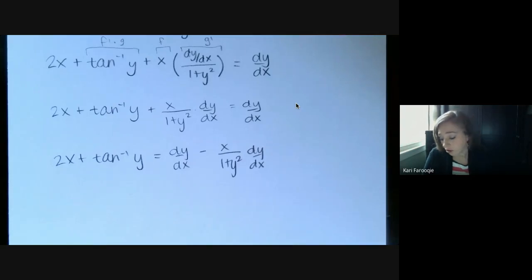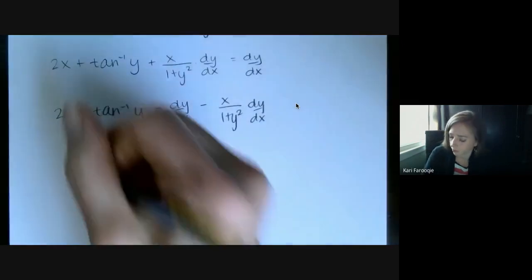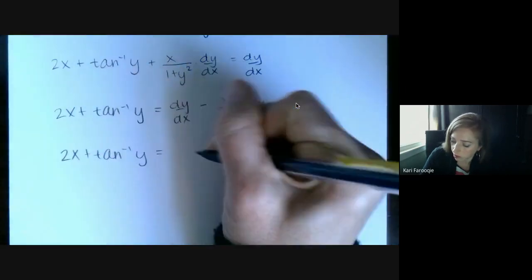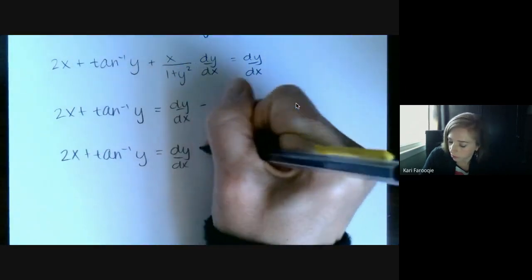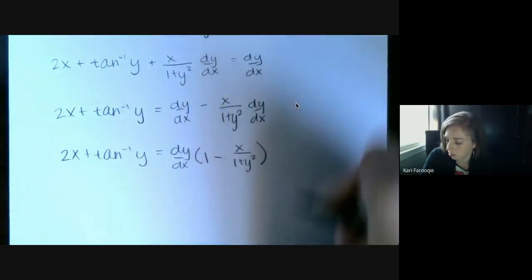Now you're going to factor and solve for dy dx. 2x plus the inverse tangent of y equals, I'm going to factor this out. Don't forget, when you factor it, you still have a 1 for your first term.